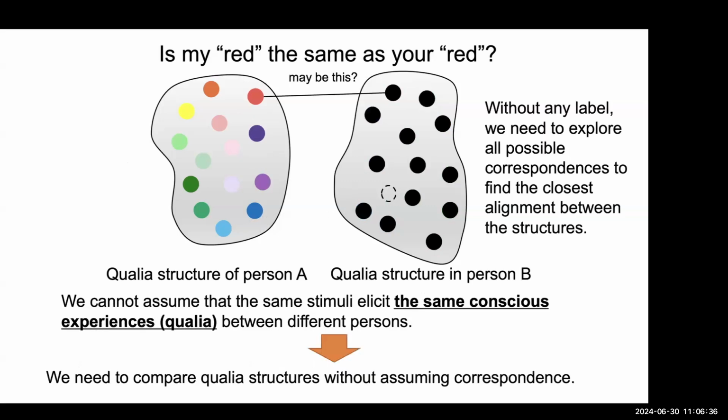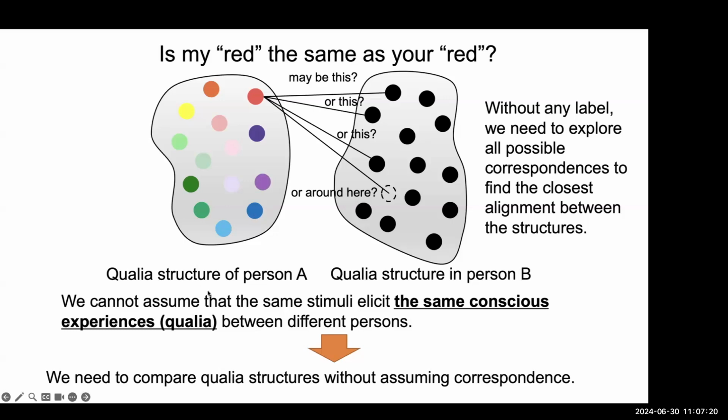Rather, we want to explore all possible correspondences, like my red could be this, or this, or this, or maybe you are around here. By exploring all possible correspondences, we want to find the closest alignment between structures. To do this, we do not use color labels of external stimuli. We do this just like blind.